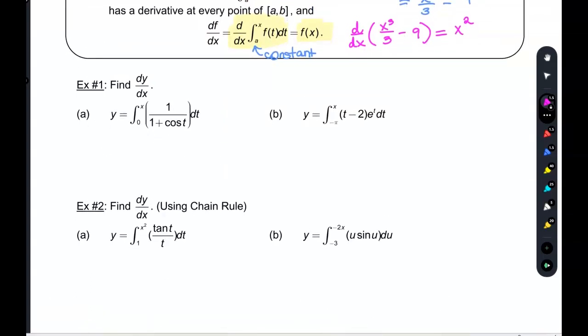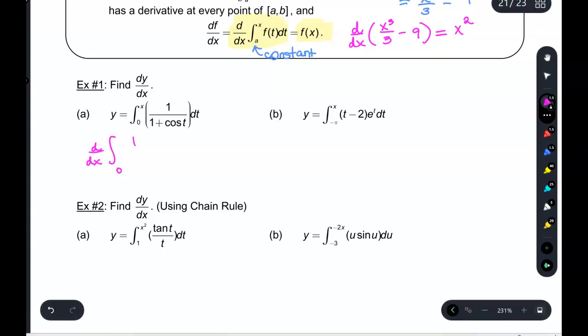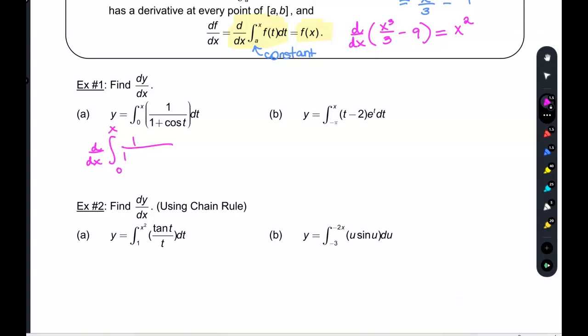Okay, so we want to find dy dx. I'm going to take d dx of the integral from 0 to x of 1 over 1 plus cosine of t dt. Right now, I can't integrate that.